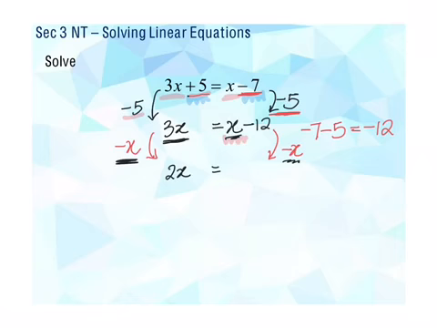There will be no more x, left with only negative 12. Now this is 2 units of x. How can we get 1 unit? We need to divide by 2, and that will give us negative 6.